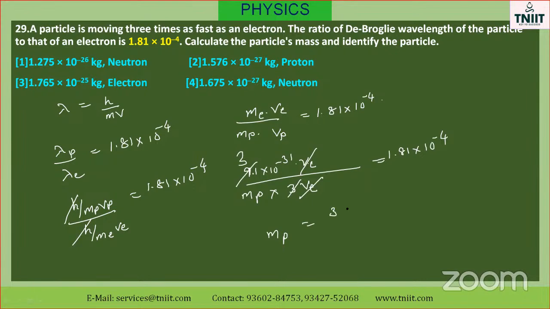So mass of the particle is 3 into 10 power minus 31 divided by 1.81 into 10 raised to minus 4. So definitely 3 divided by 1.8 is close to 1.6 into 10 raised to minus 27 kg. 1.6 means it is the mass of how much? Neutron. So mass of the particle is that of a neutron. So you have to identify the particle also. So the particle should be a neutron.